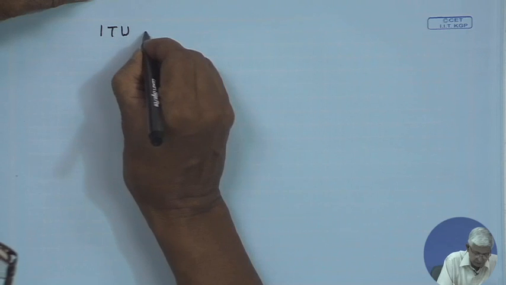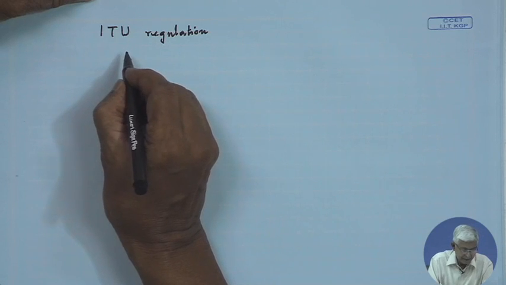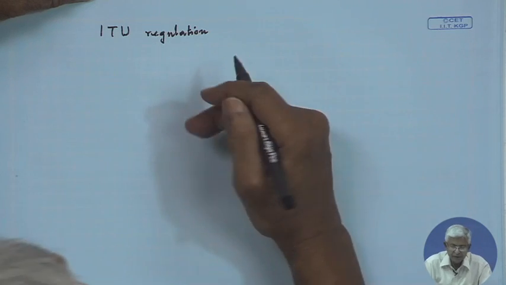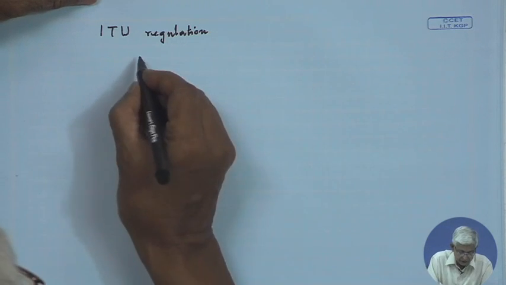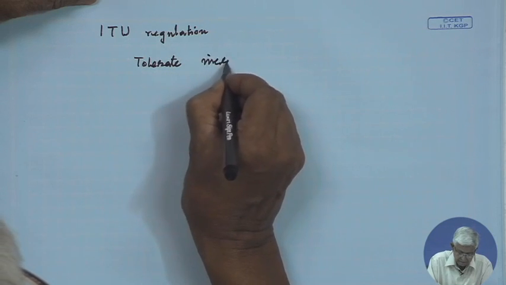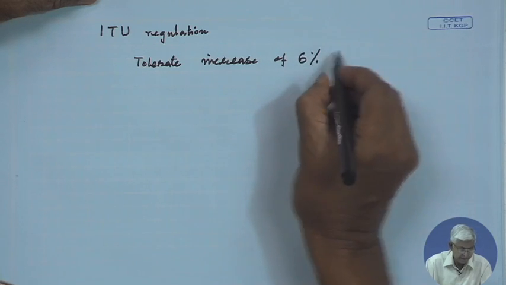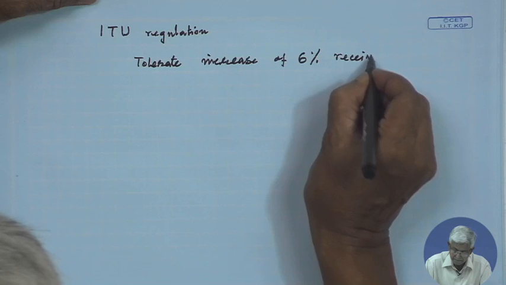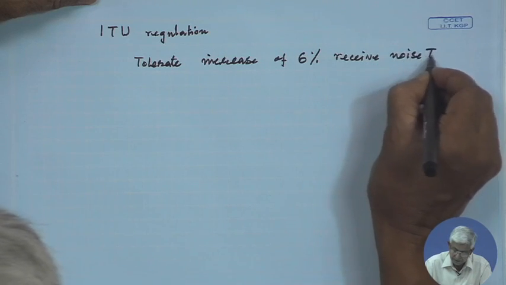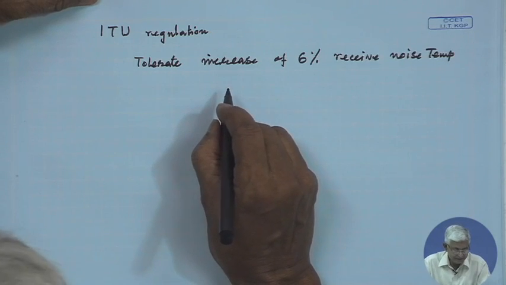As per the ITU regulation, the operator has to tolerate an increase of 6% in receive noise temperature if it is operating on the same bandwidth.